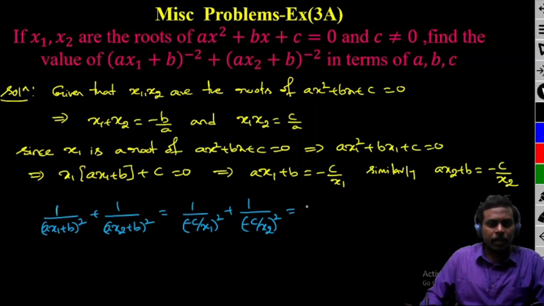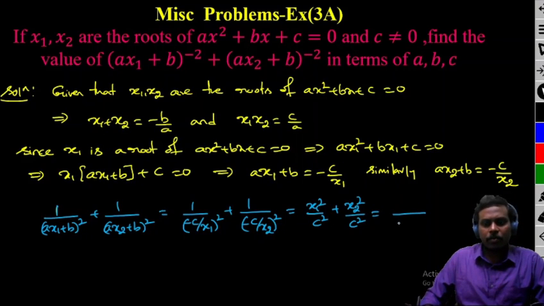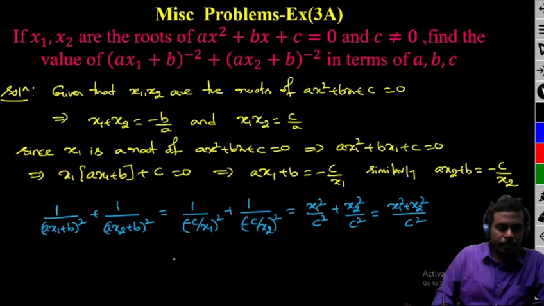So that can be written as x1 square by c square plus x2 square by c square, that is equal to x1 square plus x2 square divided by c square.